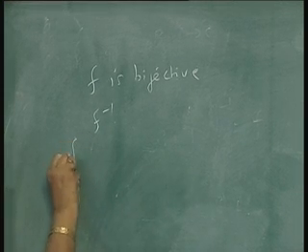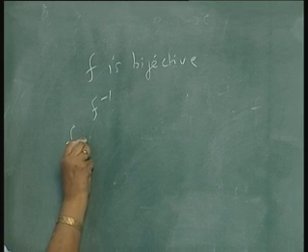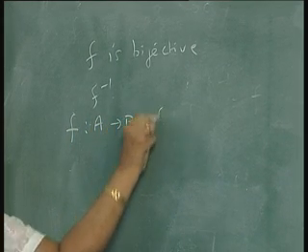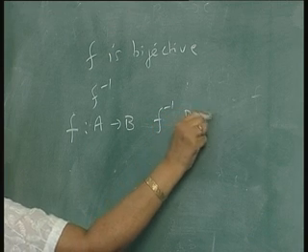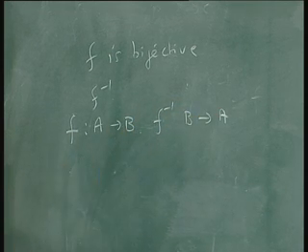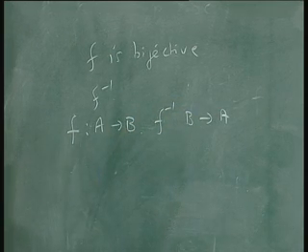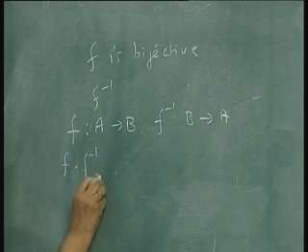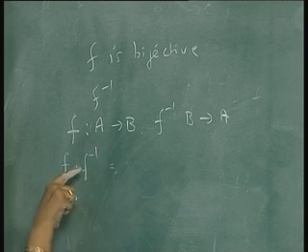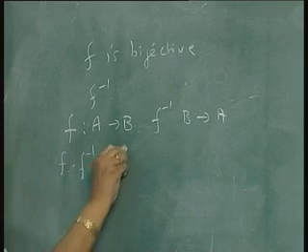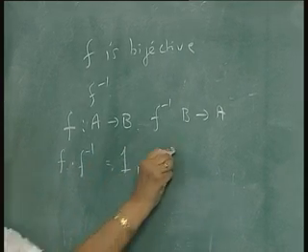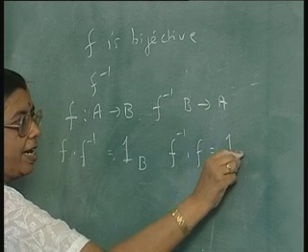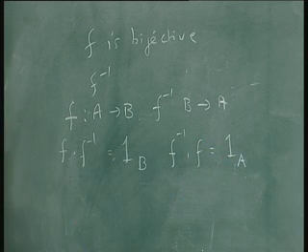In the bijective case, if f is from A to B, f inverse will be from B to A. In that case, we have seen that f of f inverse is, this is B to A to B, so this will be 1B, and f inverse of f will be 1A, identity function on A.